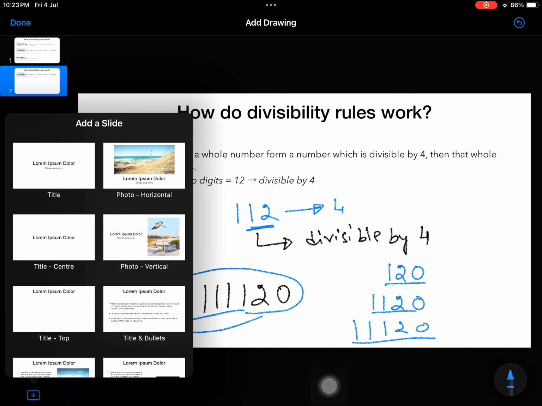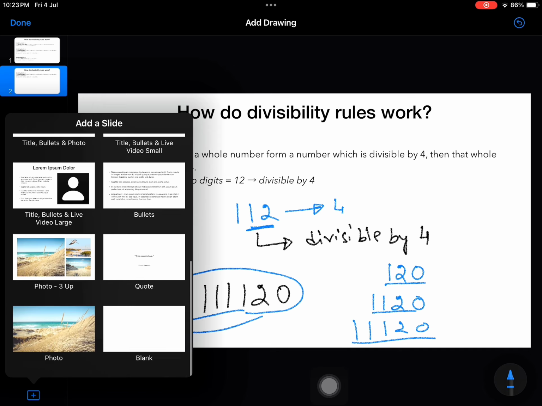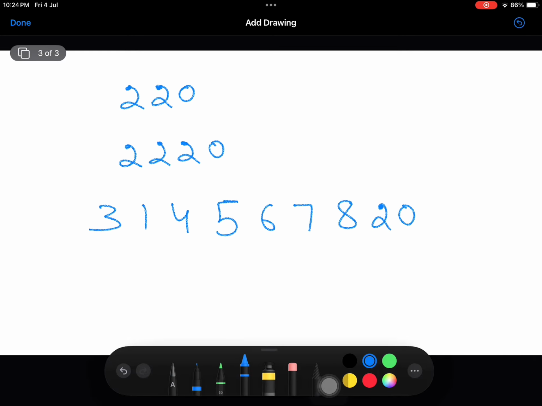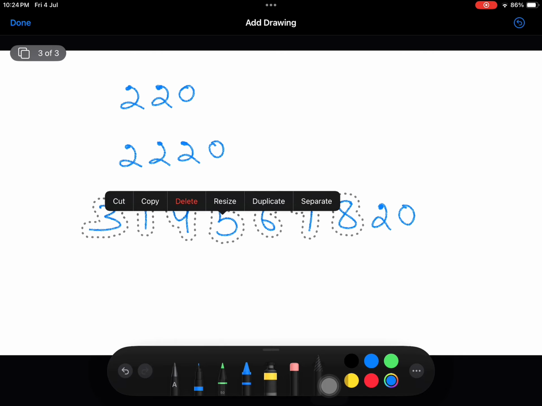Mind you, it's not just 1,120 or 11,120. You can also have something like 220, 2220, or any random number I can just write in here, and if I end this number with the last two digits such that it is divisible by 4, then the entire number becomes divisible by 4.